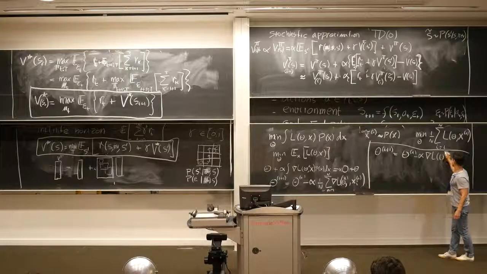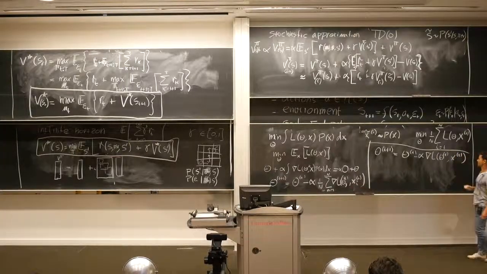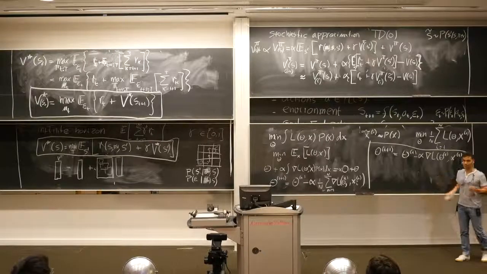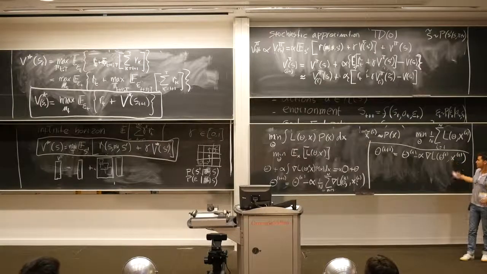So we can just write it this way. Okay, and that's the version that we saw before. So the way to derive all these stochastic approximation algorithms is essentially the same. And that's our friendly gradient descent algorithm to minimize losses.